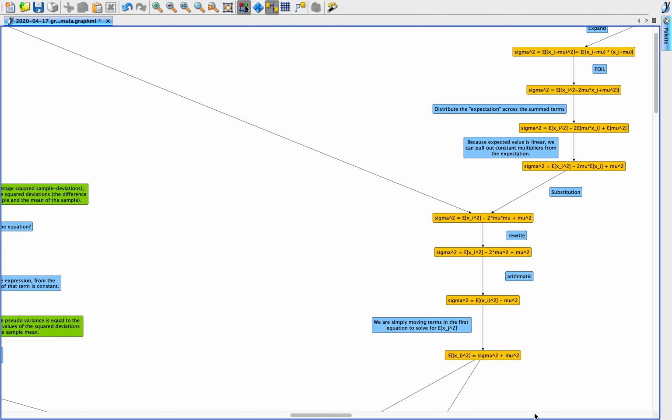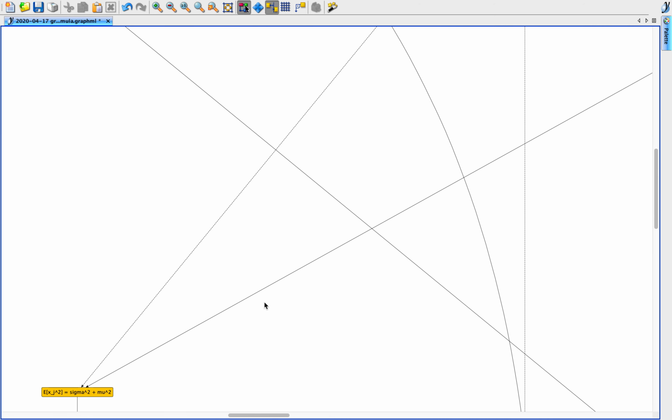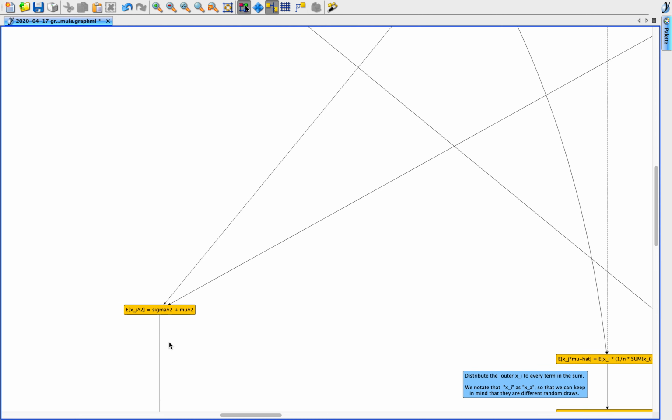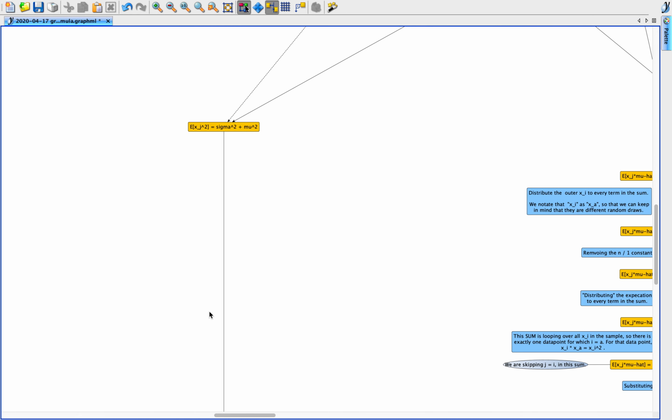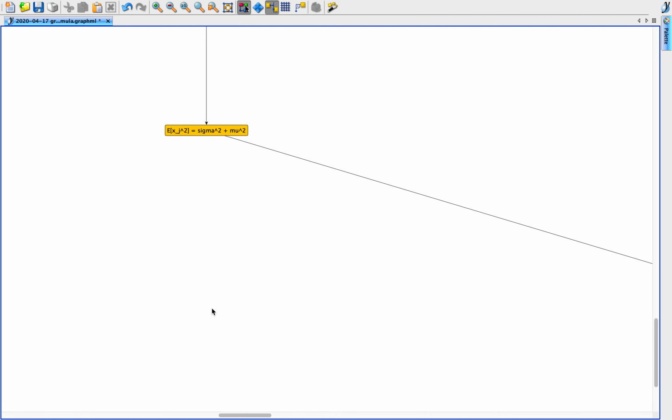In any case, this is one of the things that we need to solve for here. So we just follow this line. And so the expected value of xi squared is equal to sigma squared plus mu squared. So great, one of those was pretty easy to solve for.